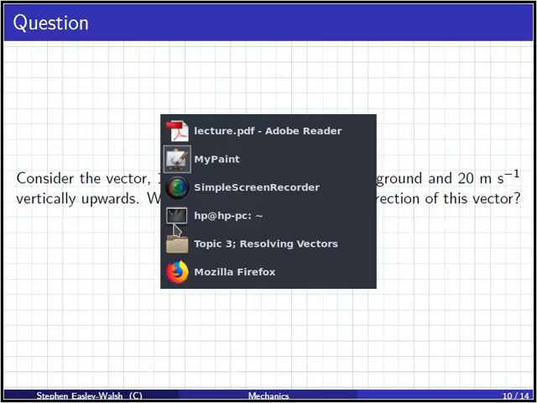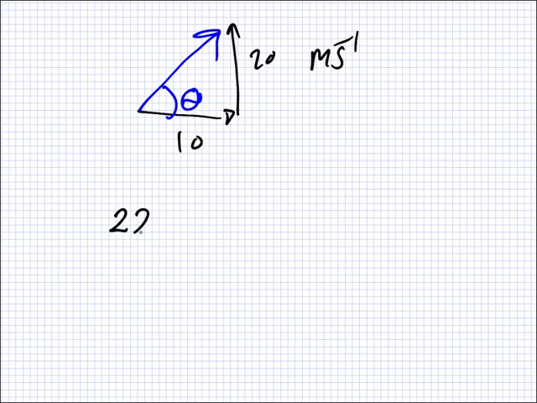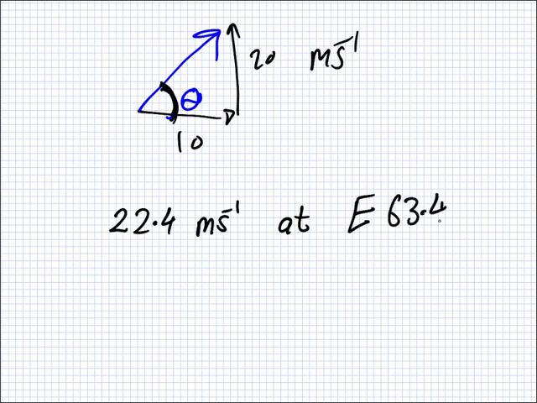Sorry, what is it? 22.4? 22.4 meters per second at east. And did we get an angle here? 63.4. Yeah? Okay. North.